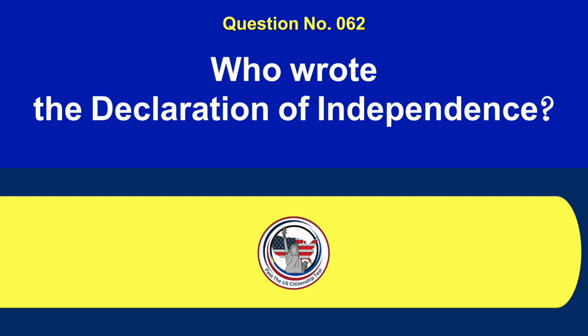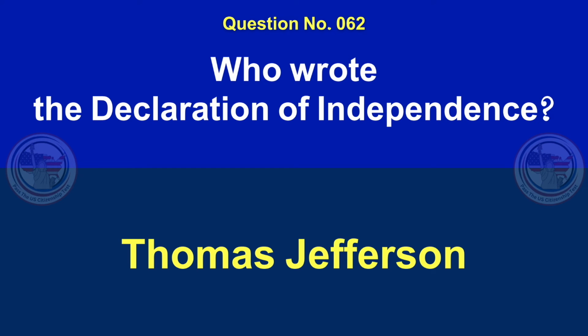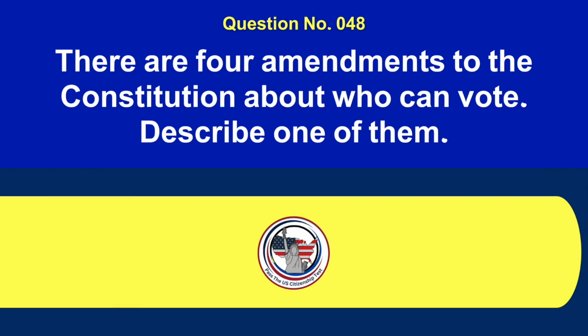Who wrote the Declaration of Independence? Thomas Jefferson. There are 4 amendments to the Constitution about who can vote. Describe one of them.